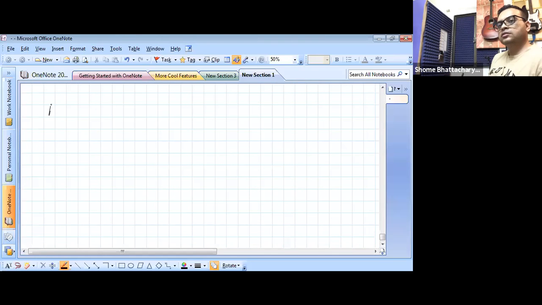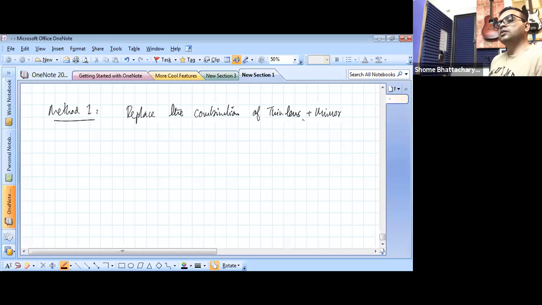So what we can do here is replace the combination of thin lens plus mirror in contact with an equivalent single mirror, and then solve the problem using the UV formula for mirror.